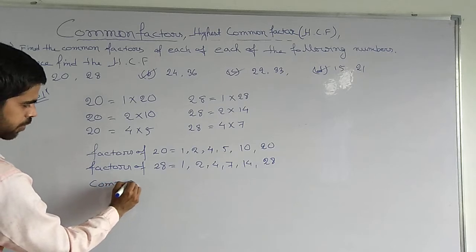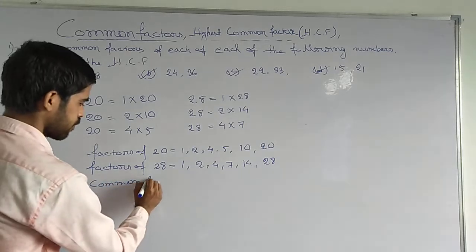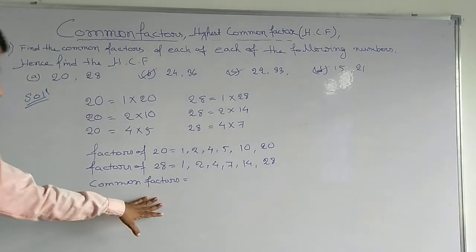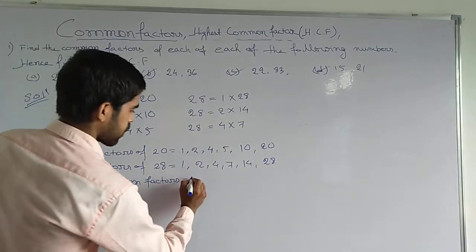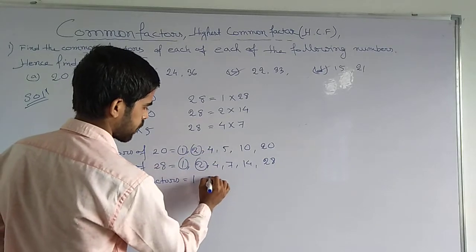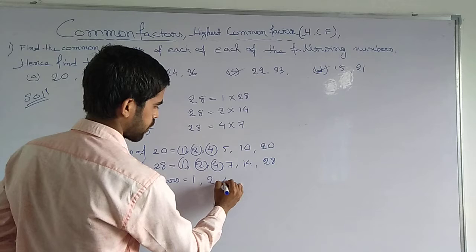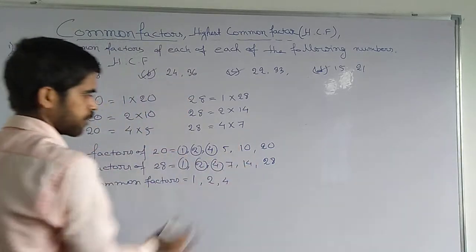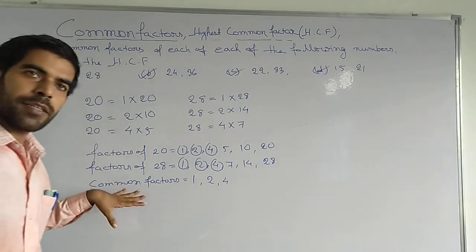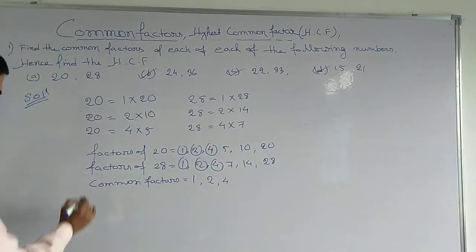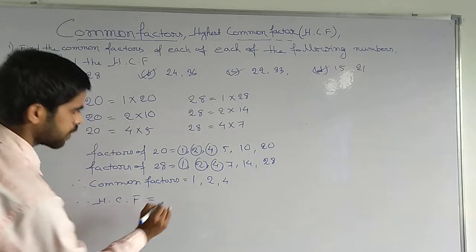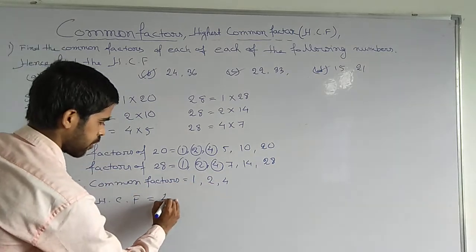Very good. So the common factors are 1, 2, and 4. No other factors are common. So first write the common factors, then hence find the HCF. So HCF will be what? Tell me. HCF is 4.